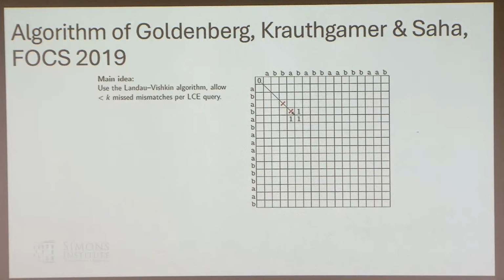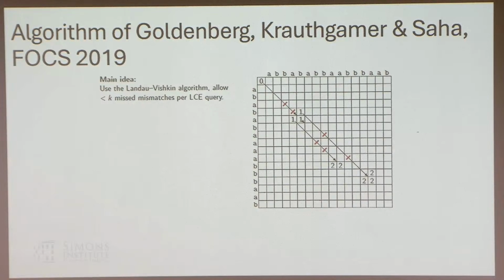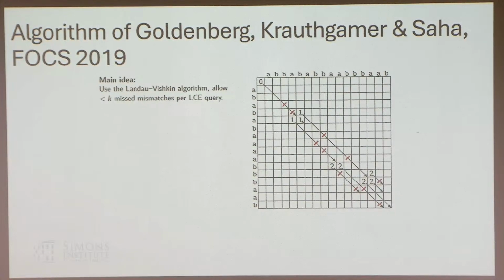Here now I get 1. I'm trying to move as far as I can with these approximate LCE queries. And then I get 2. I'm again moving as far as I can. And now with a value of 2, I reach the bottom corner, and I will return that my edit distance is 2.